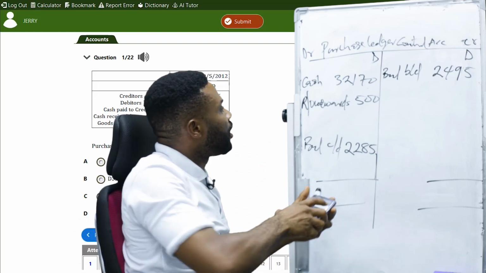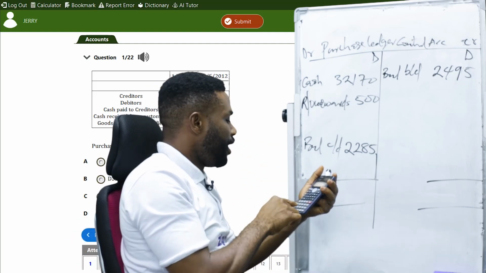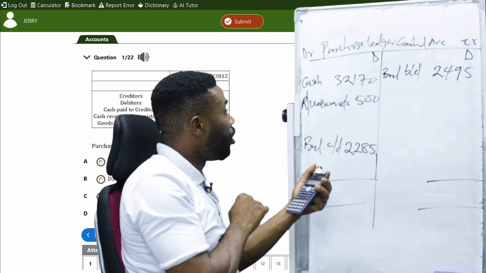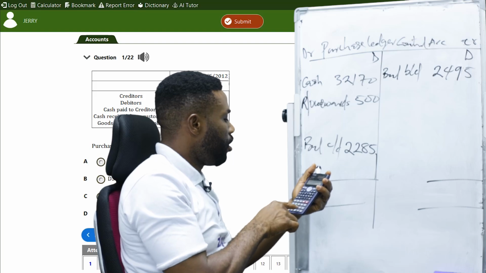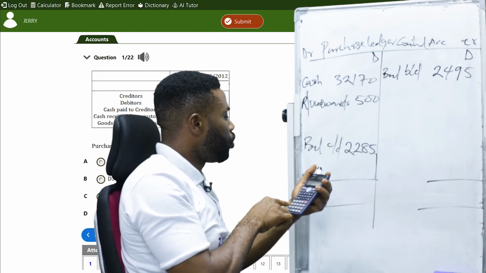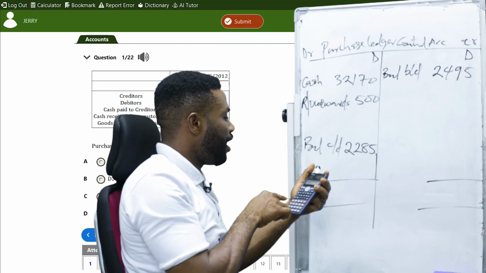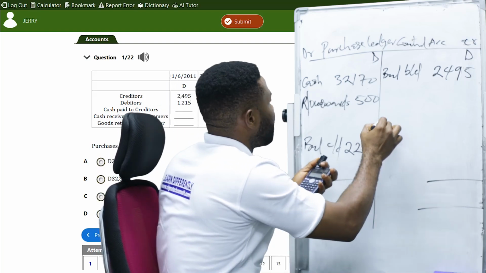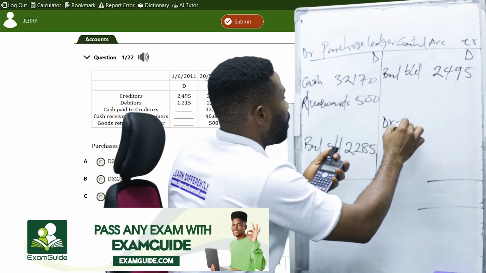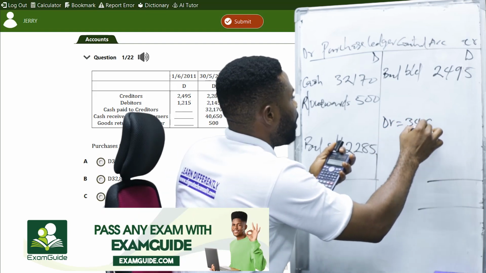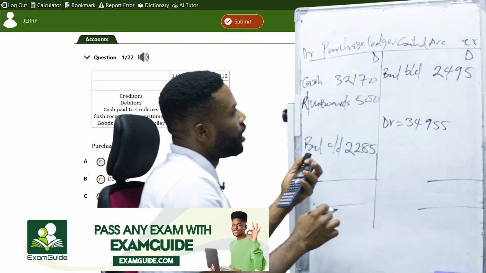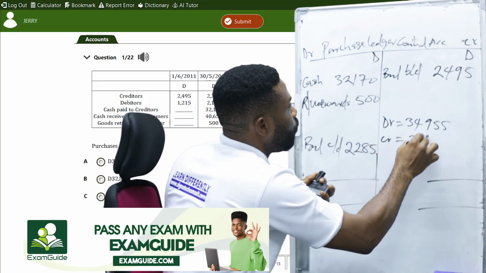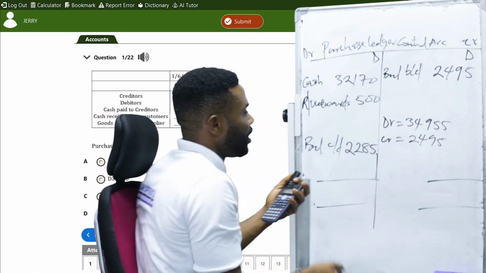Pick up your mathematical set and begin to add 32,170 plus 500 plus 2,285. What will it give you? Your debit side is equal to what? 34,955. Then your credit side is equal to what? 2,495. You can see the margin now.